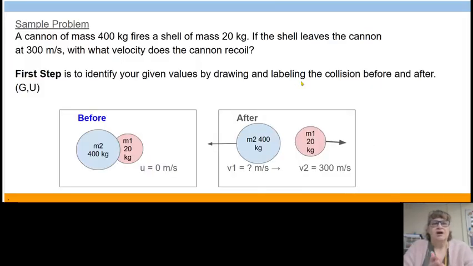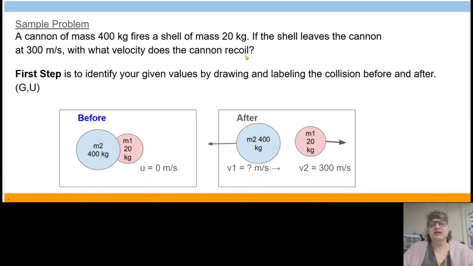Okay, sample problem, a cannon. So we have a cannon of mass 400 kilograms, and it's going to fire a shell, like a cannonball type shell of mass 20 kilograms. If the shell leaves the cannon at 300 meters per second, with what velocity does the cannon recoil?